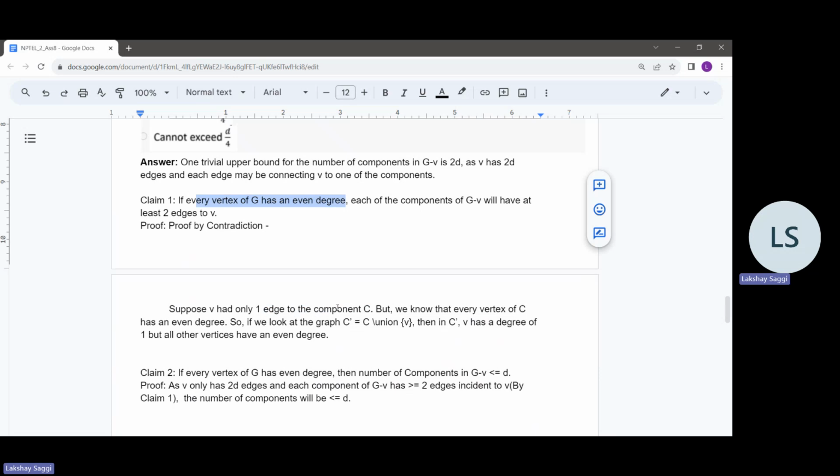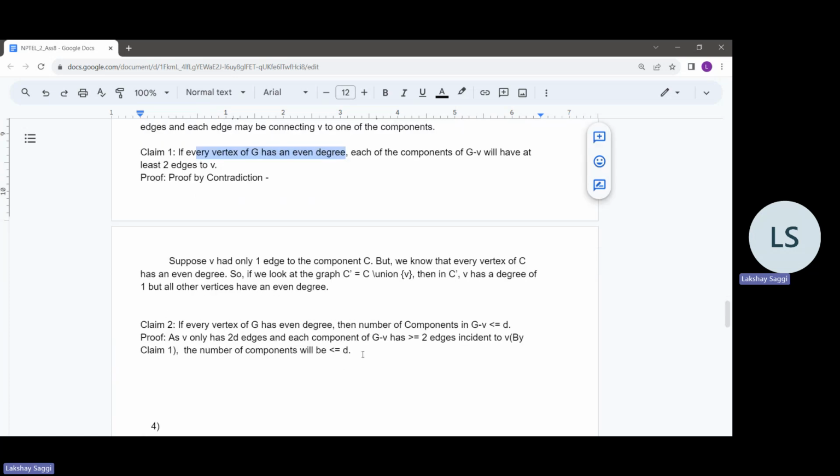And we know that no two components have an edge between each other because otherwise they would have been a single component anyways. So basically in this graph C prime, we have one vertex which has degree 1, but all other vertices have an even degree. So this is a contradiction.